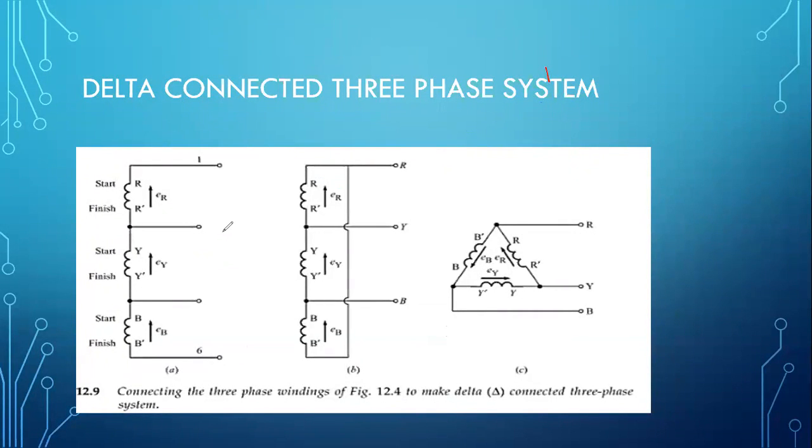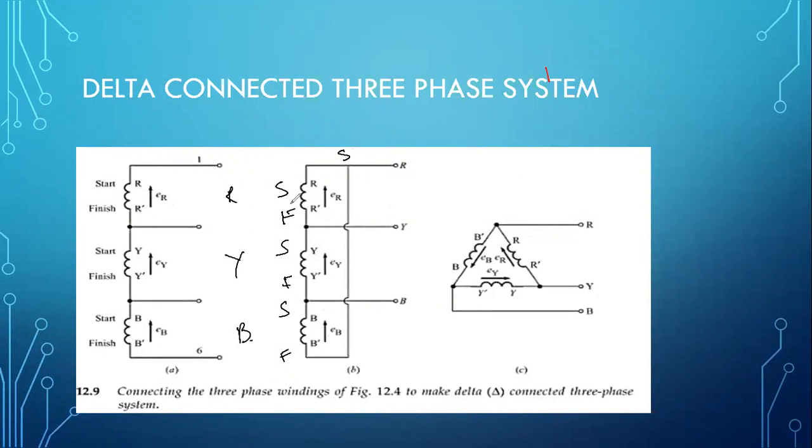This is start and finish, start and finish, start and finish for your R, Y and B phases. The finish of R is connected to the start of Y, and the finish of Y is connected to the start of B. Then B dash is again going to your starting point. So these all points are start.